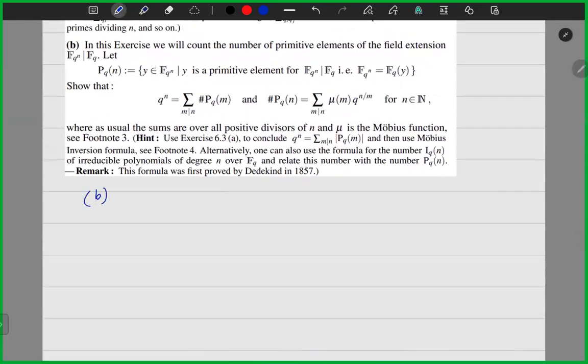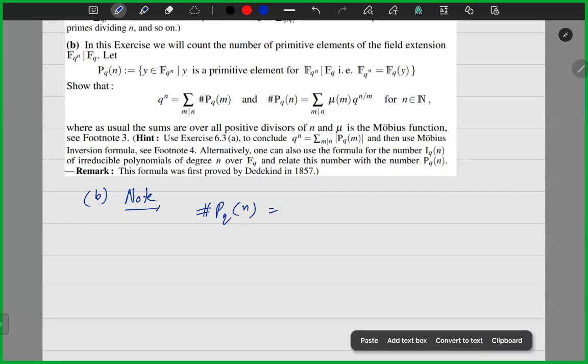Just to note, this number P_q(n) is nothing but how many primitive elements there are in the degree n extension of F_q. For an irreducible polynomial of degree n which gives this extension, every irreducible polynomial will have n distinct roots, and that will give this extension.